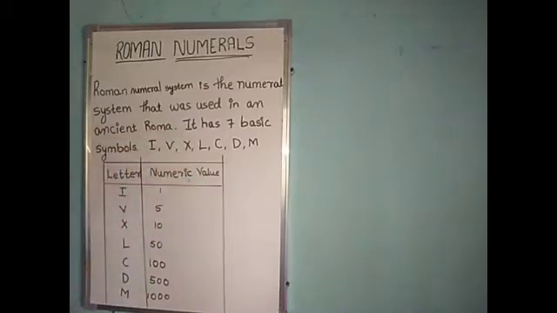These are the 7 basic symbols which are used in Roman numerals. So, what is the numeric value of symbol I? The numeric value of symbol I is 1.